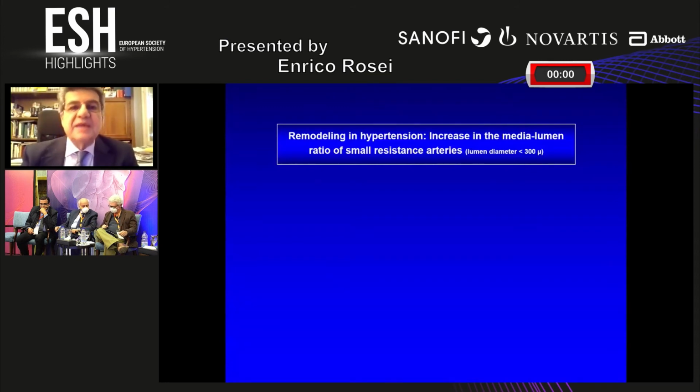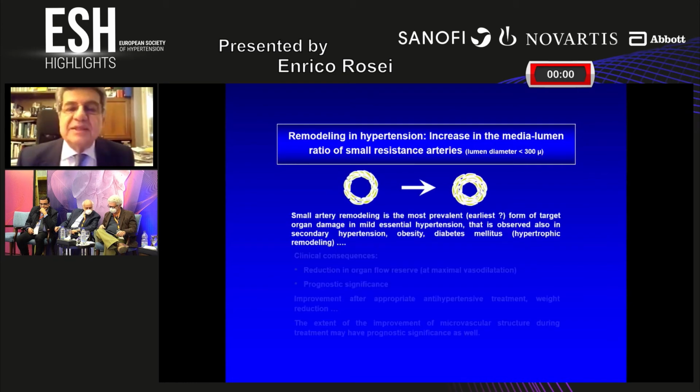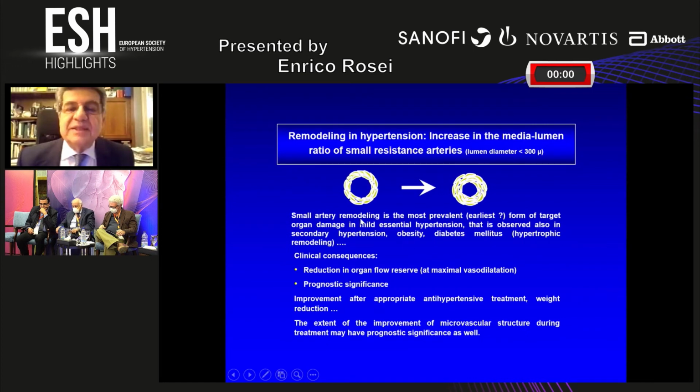So, in summary, this remodeling in the small arteries is the most prevalent, the earliest form of target organ damage, even in mild essential hypertension. This may be observed also in secondary hypertension, obesity, diabetes mellitus, where the remodeling is more evident is in hypertrophic remodeling.